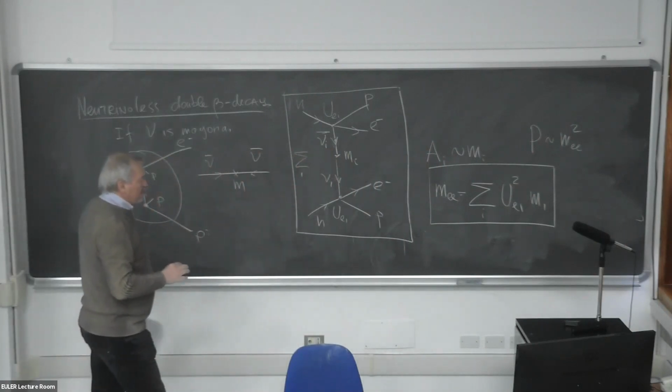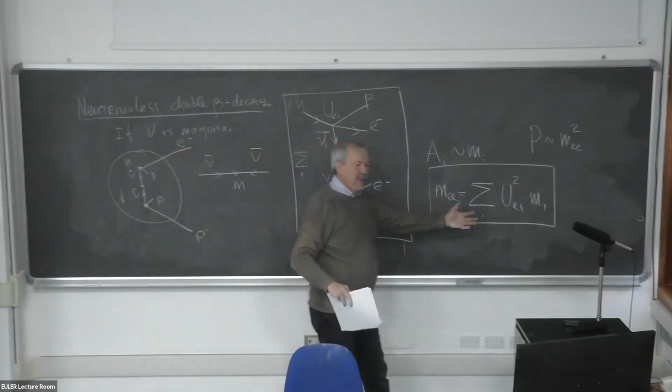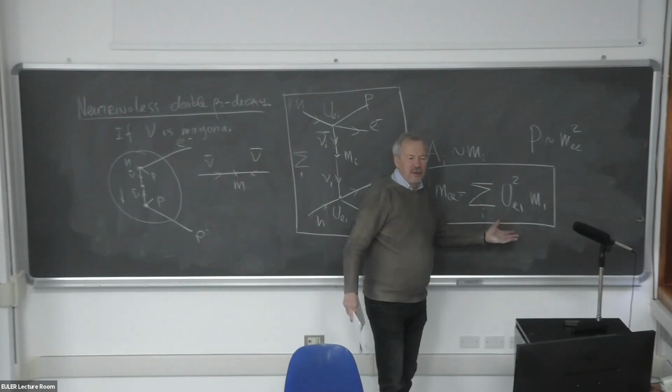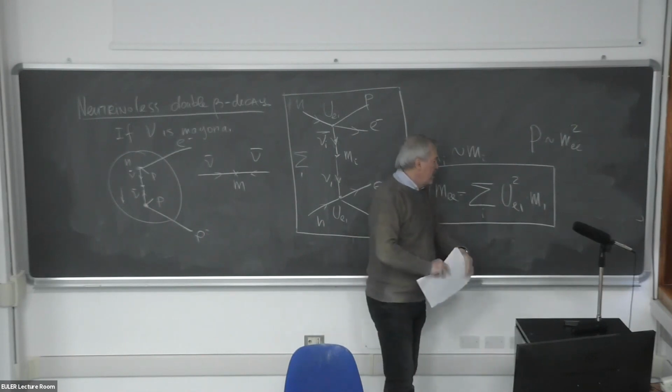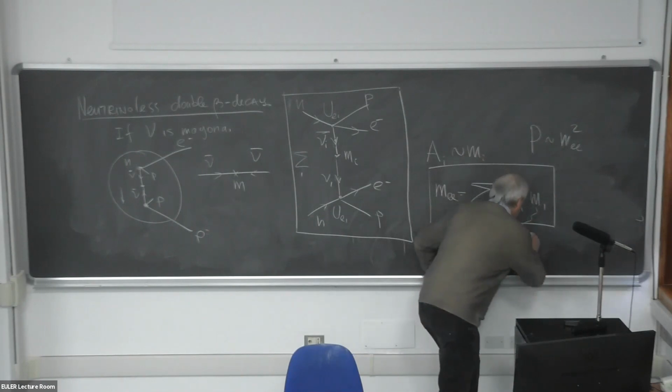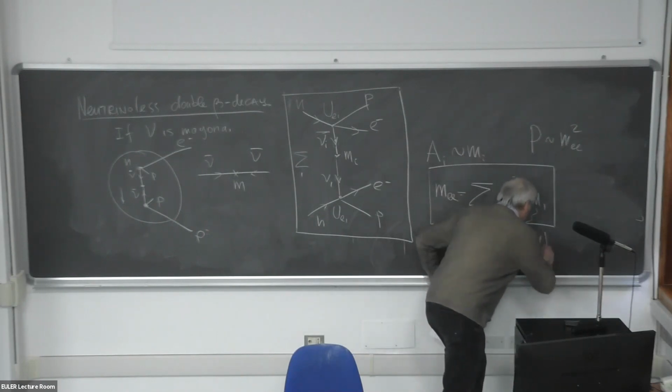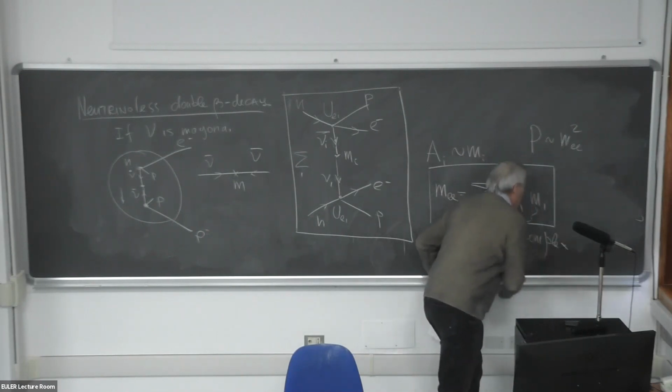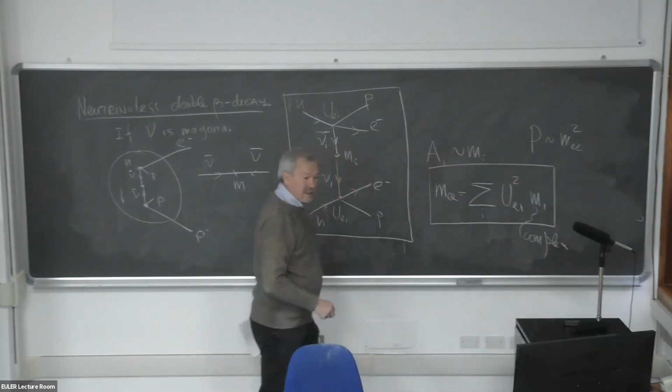So actually what we are probing is this combination. Now we know that the mixing exists, so we must write this type of combination. Another subtle point is that these masses are in general complex parameters, because of these Majorana phases.